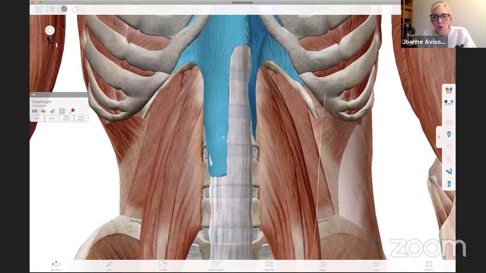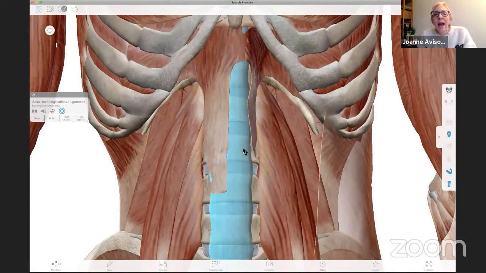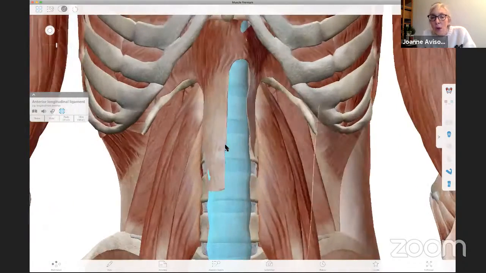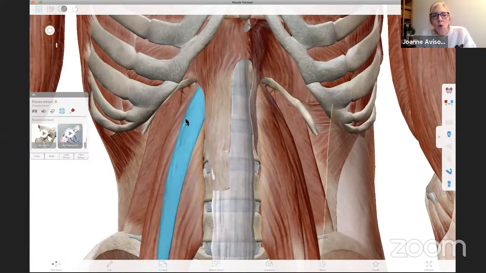And so too the anterior longitudinal ligament, which you see there, and the psoas major and or minor, all look like they're neatly set into the different bits, and they're further back than the diaphragmatic crura. But in actual fact, this is like the tube of the outer abdominal wall.